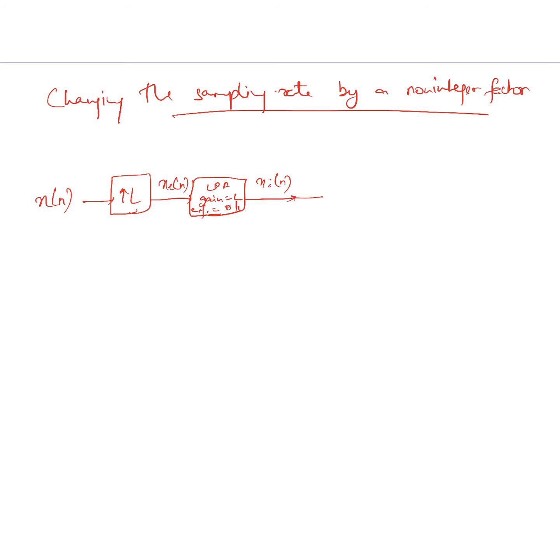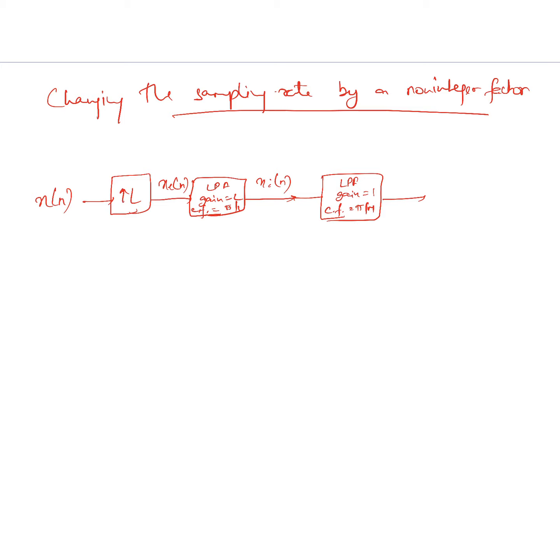Now we will use the decimator block diagram that we had seen earlier. Here we pass the discrete time signal through a low pass filter initially, in order to decrease the bandwidth of the signal if there is some aliasing, with gain equal to 1 and cutoff frequency pi by M, and this we had denoted by putting a tilde over the signal.